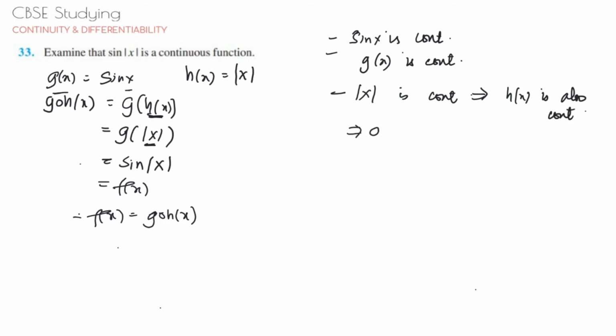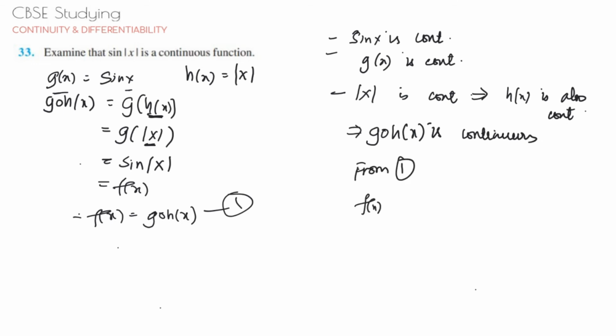So, we can say that g of h of x is continuous. If this is equation number 1, we can say that from 1, f of x is continuous. Alright, super. Let's move to the next and very, very important question of this chapter.